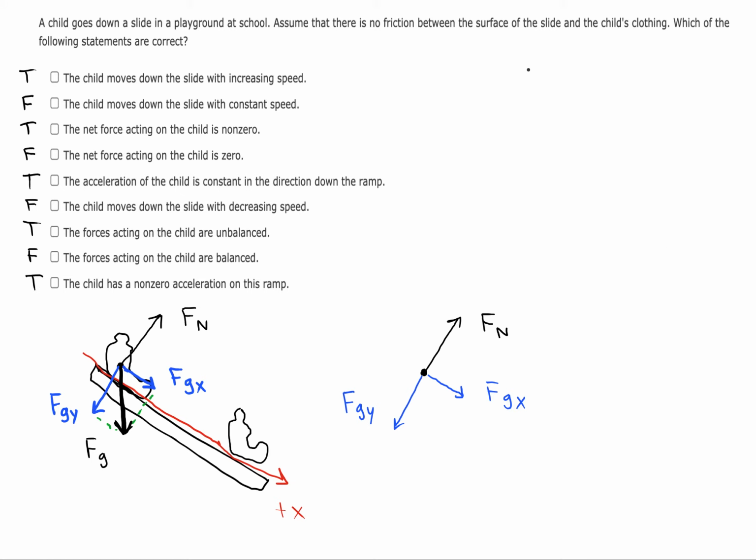It's true, and the reason is that Newton's second law tells us Fnet equals ma. If you have a net force, which we do, Fgx is the net force, we'll also have an acceleration.